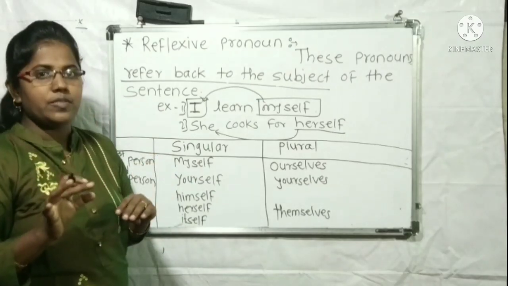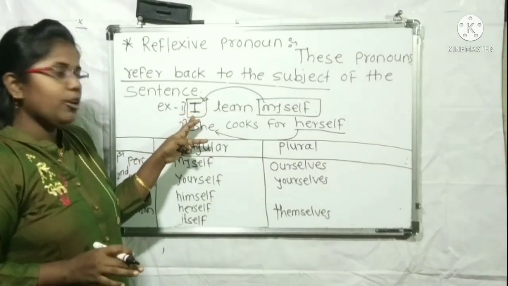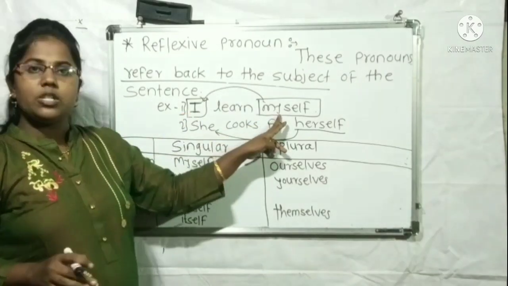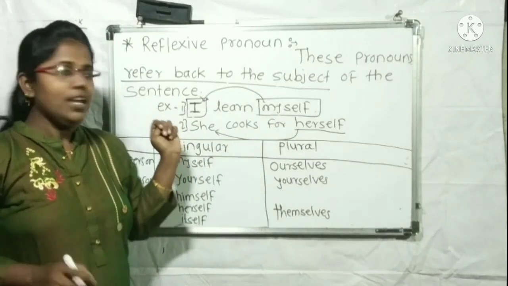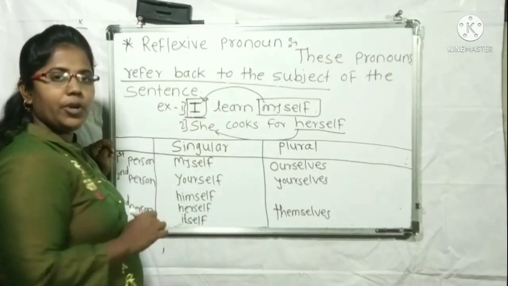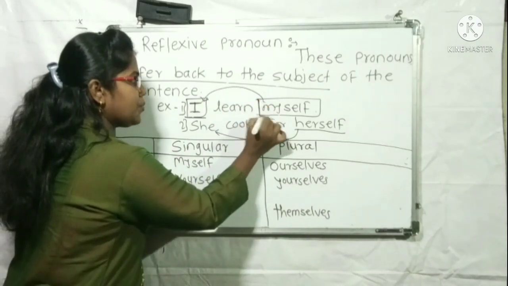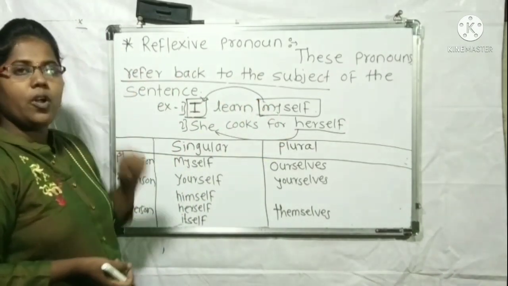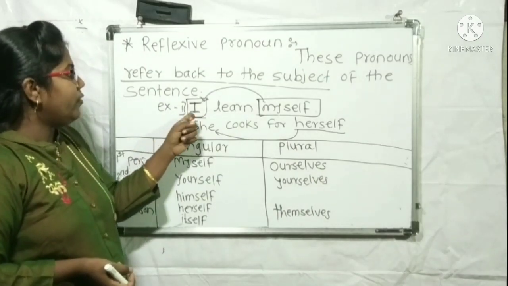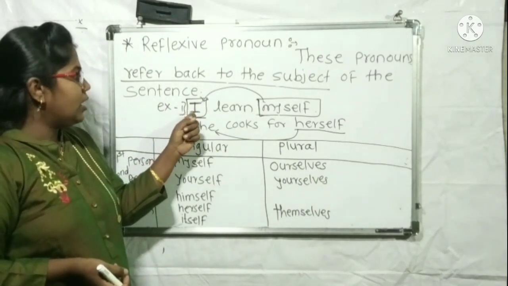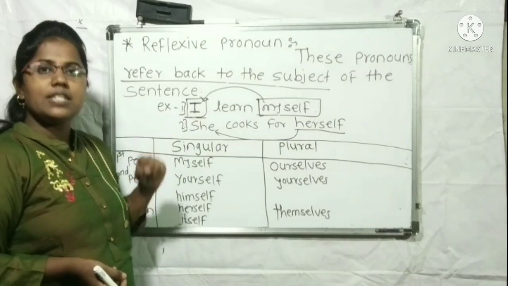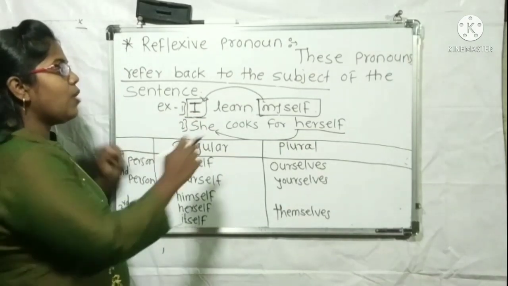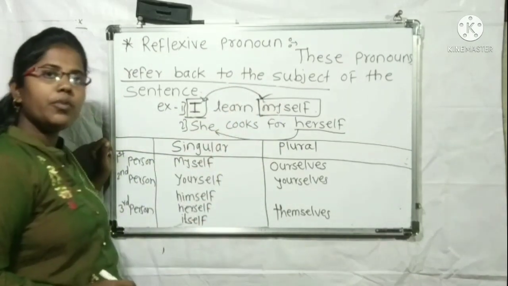They have the same forms. For example, I is singular and myself is also singular; I is first person and myself is also first person. So when you are using a reflexive pronoun, you have to think of the person and the singular or plural form of the subject, and as per that you use the reflexive pronoun.